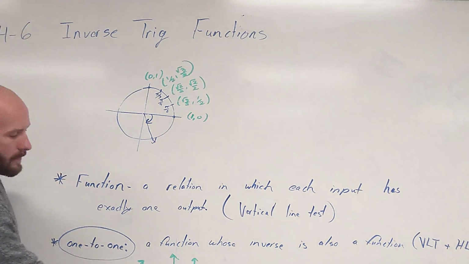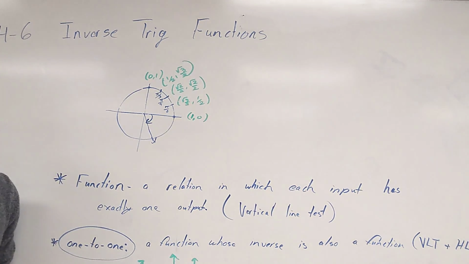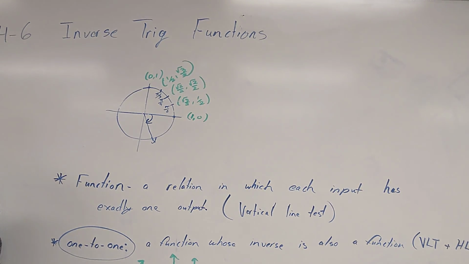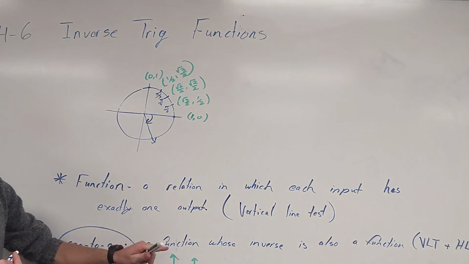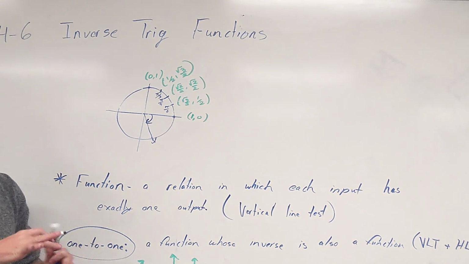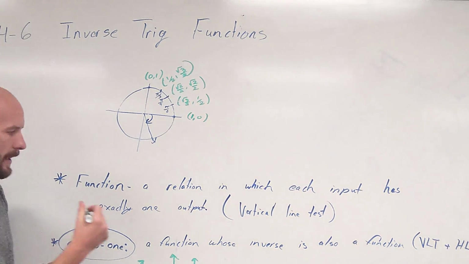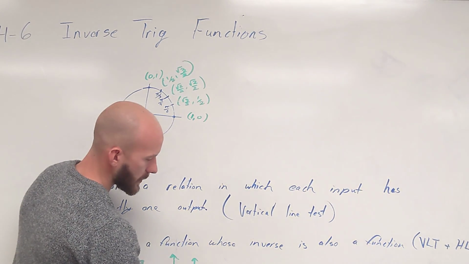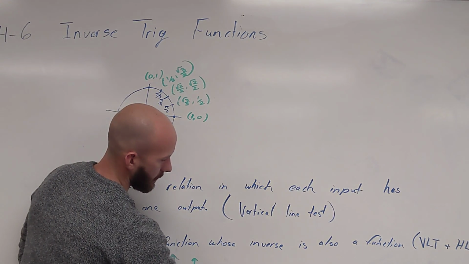But would it pass the horizontal line test? No. That tells us the inverse is not a function. If I had the inverse function, one output would go back to two different inputs. Wouldn't work.